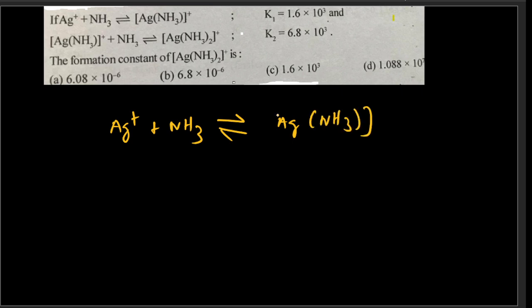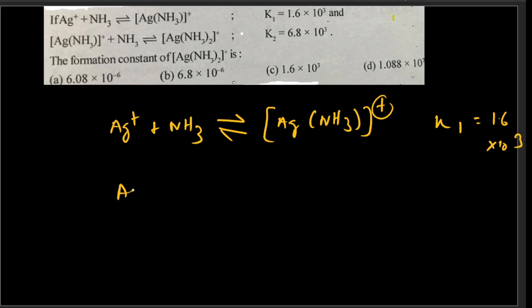Next question. They give Ag plus plus NH3 giving Ag NH3 plus, and this value is given as 1.6 into 10 to the power 3.